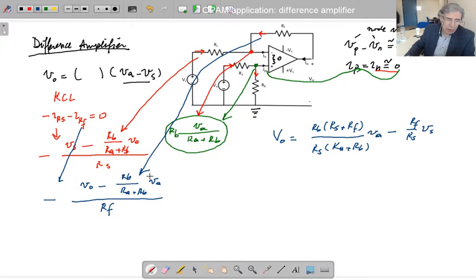If you write this and organize it in terms of V0, you end up with this. If you put this RF in parentheses, V0 is equal to RF times 1 plus RS over RF.